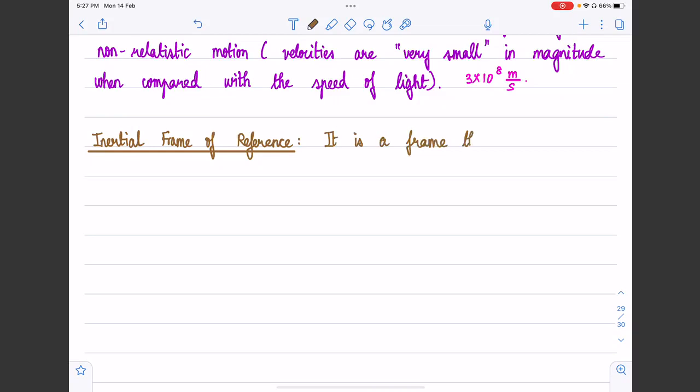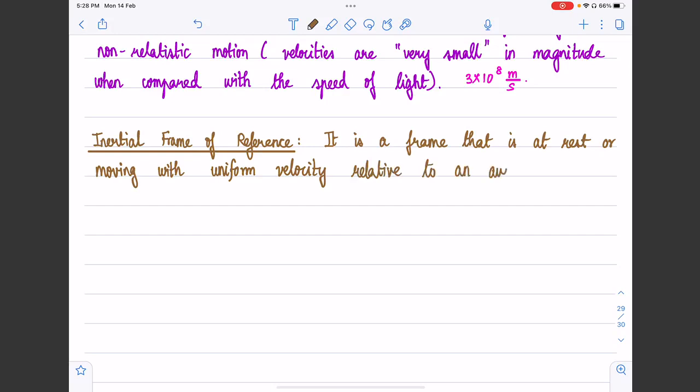that is at rest or moving with uniform velocity relative to an average position of distant fixed stars.